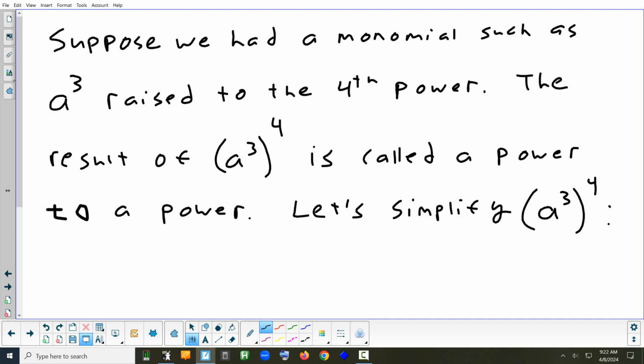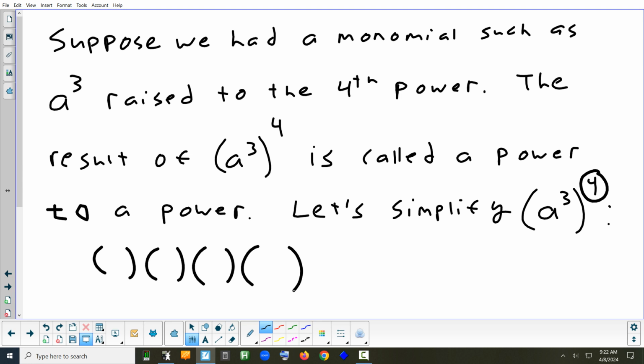All right, so this time I want to take a cubed and raise it to the 4th power. This is called a power to a power, because you're taking something that has an exponent and you're raising that whole thing to the 4th power. Okay? So let's see what happens. This says a cubed to the 4th power. So this number tells me I'm going to multiply what? 4 times.